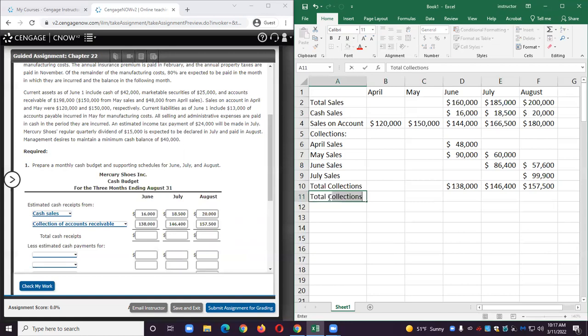And then my total cash receipts are just going to equal my cash sales plus my total collections.